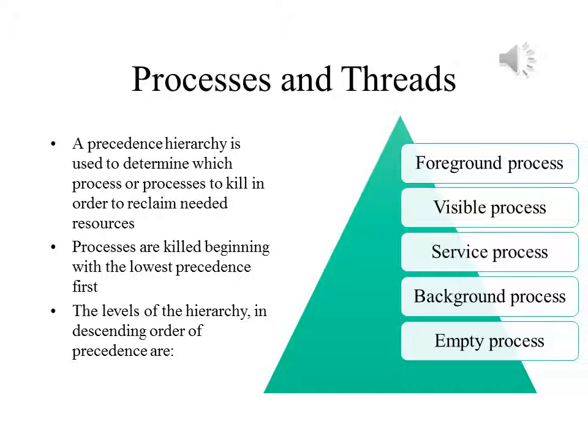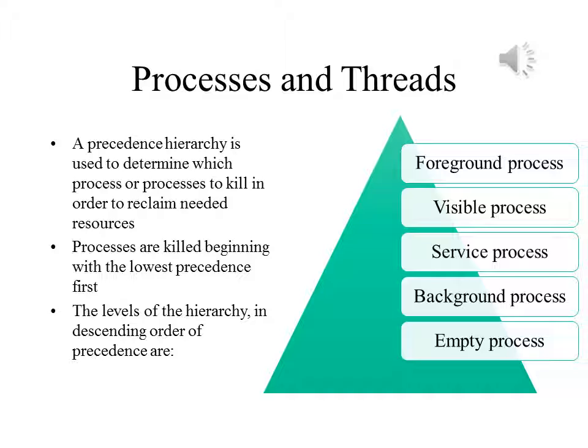In order to reclaim memory in a system that is becoming heavily loaded, the system may kill one or more processes. As was discussed earlier, when a process is killed, one or more of the activities supported by that process are also killed.